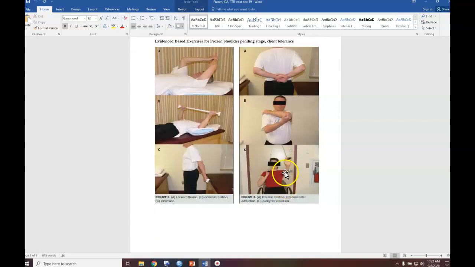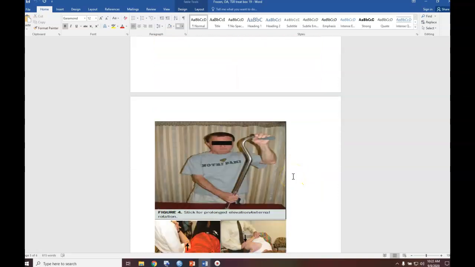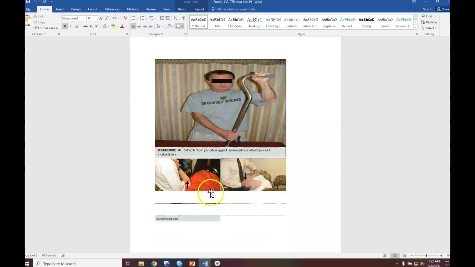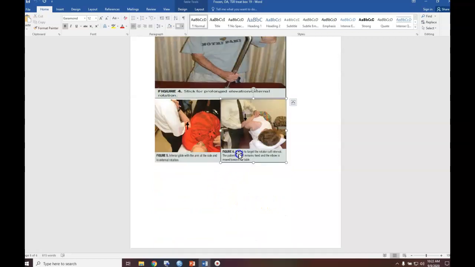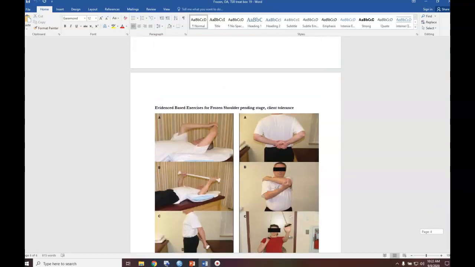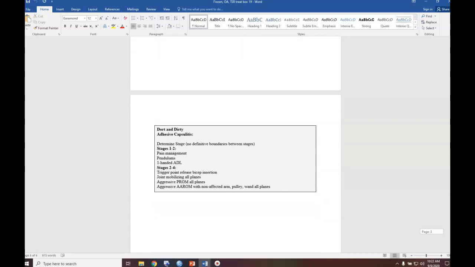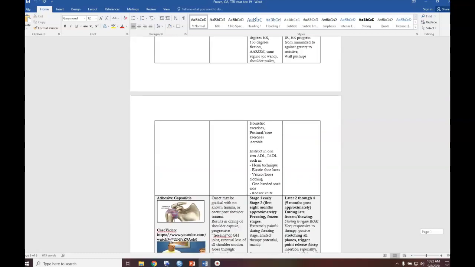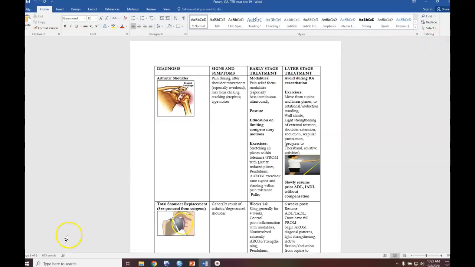The pendulum, the pulley that we talked about earlier. Cane is forcing it up into external rotation. And some joint mobilizations that we will do in lab. They can respond really well to joint mobilizations, especially in the latter stages. That's another key tool to have in your toolbox with adhesive capsulitis.